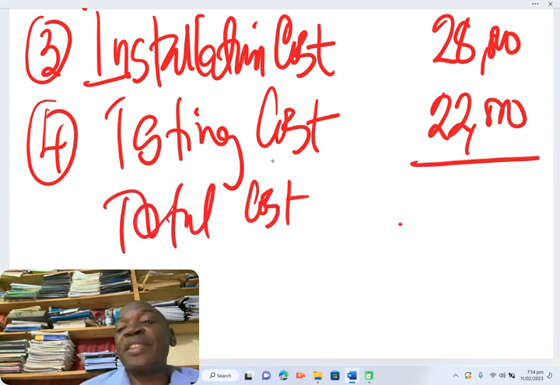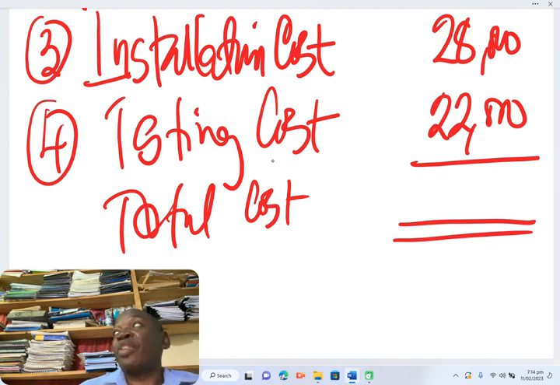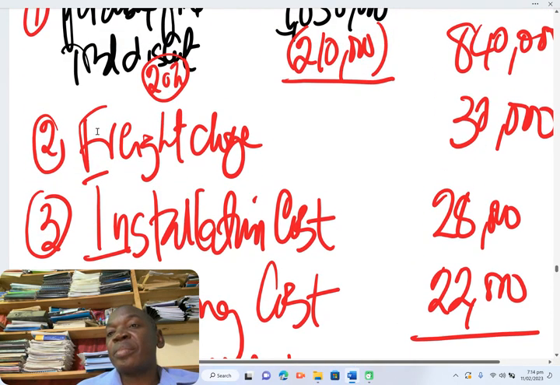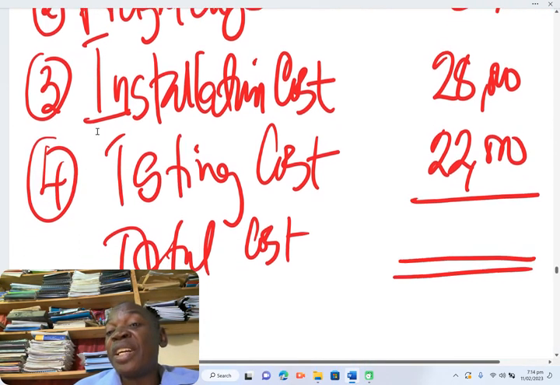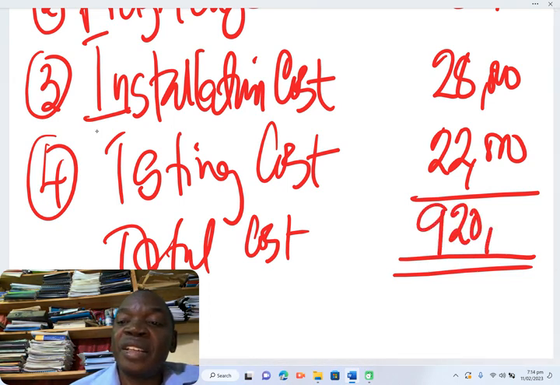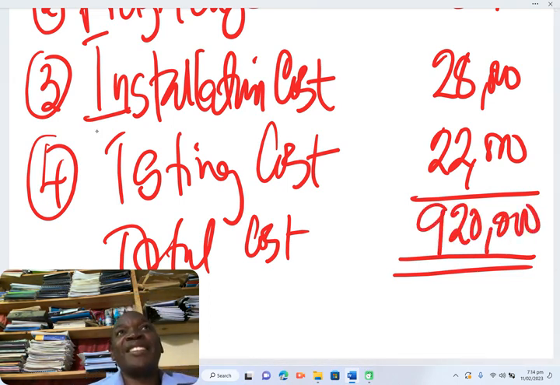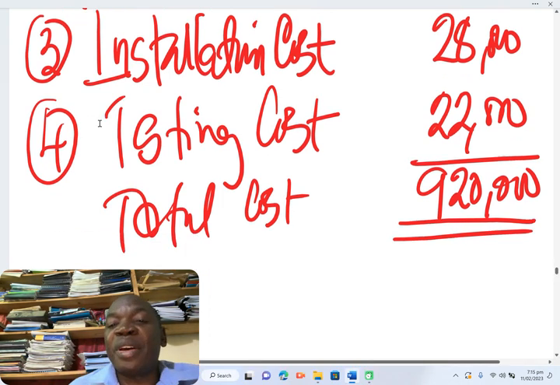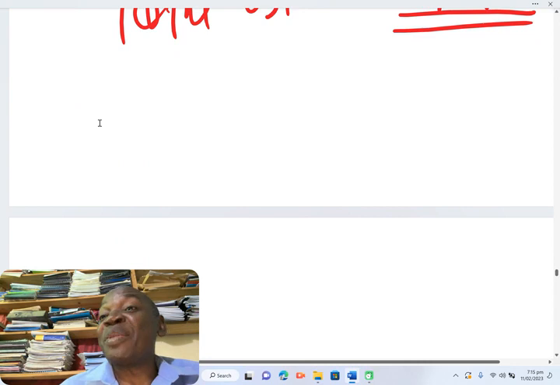Total cost to capitalize kiasi gani? Jumlisha hizo sasa. Unasema 140,000 jumlisha 30 jumlisha 28 jumlisha ngapi? 920 dola. Sasa kwenye journal entry tunasemaje? Yaani lazima muhasibu sasa.